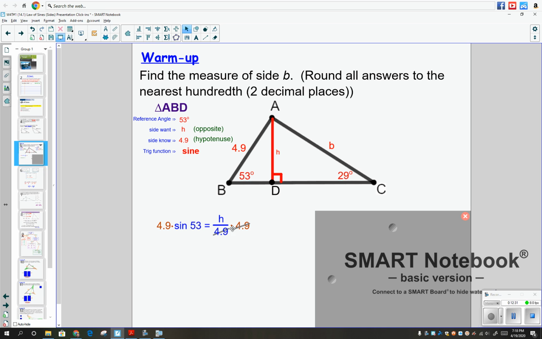They'll cancel out on the right side. Leaves me with just H equals 4.9 times sine of 53. Now I could find that number as a decimal, but I'm going to have to use that over my other triangle. So I'm not going to, because if I did that, what I'd be doing is I'd be rounding. Remember, I do not want to round until I get to the end.